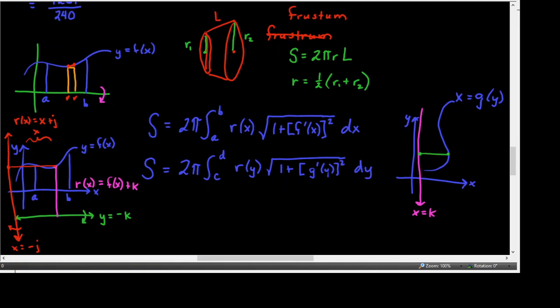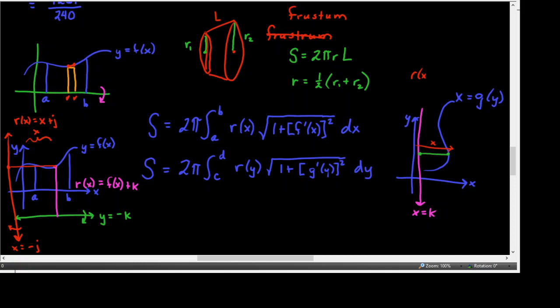So coming back over here, I'm sorry, I'm kind of skipping around a bit here. The part from the y-axis to the curve is x, and so our radius in this case will be g of, oh, sorry, not radius in terms of x.